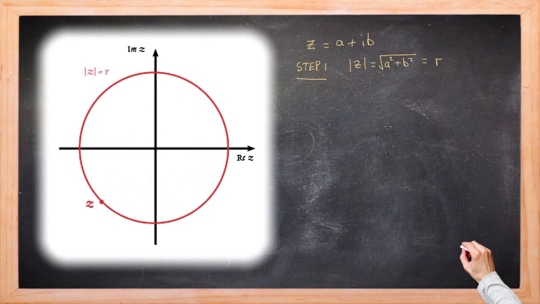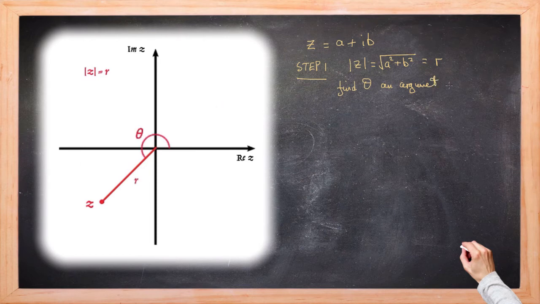And suppose that's r. And also we would find theta, which is an argument of z. Now recall that any complex number on the unit circle has the form cos theta plus i sin theta.